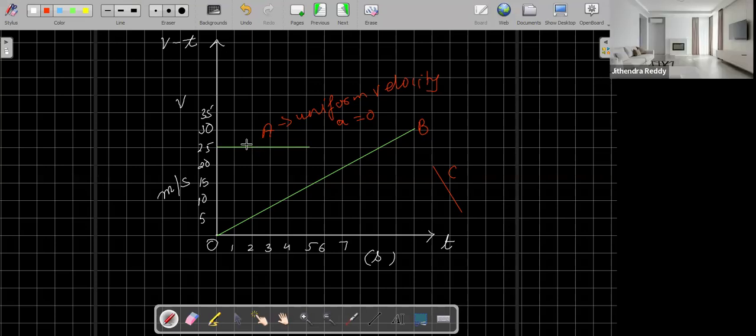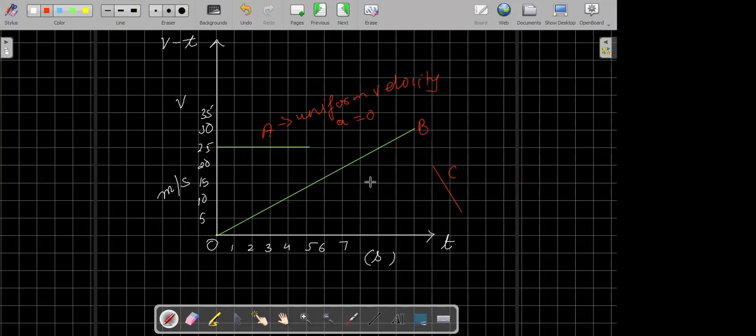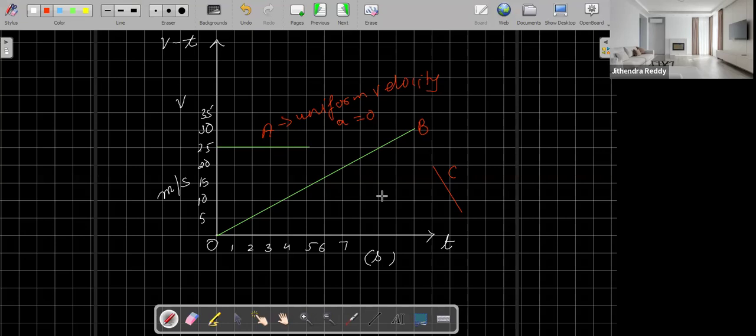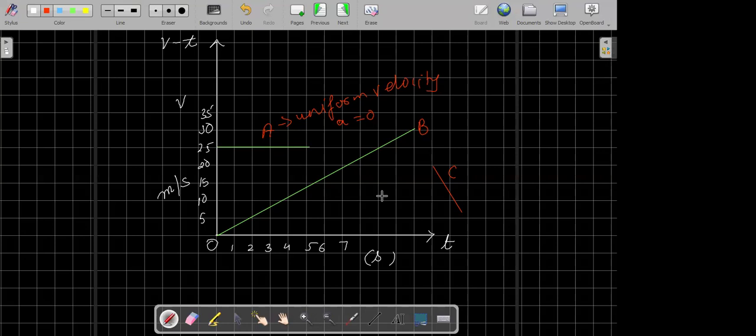Okay. What about graph B? Sir, uniform acceleration. Okay. So as per graph B, the velocity of the object is changing continuously, but it changes at a constant rate. The change of velocity is at a constant rate.